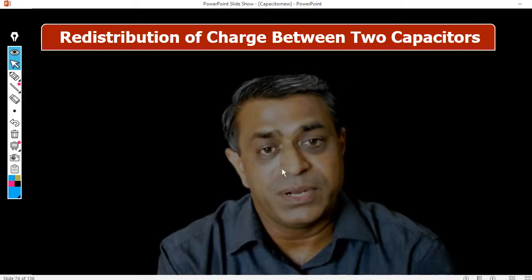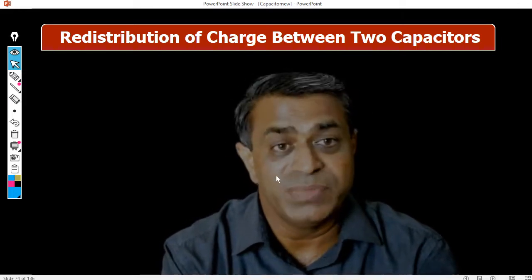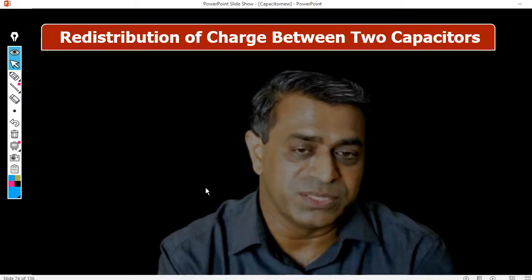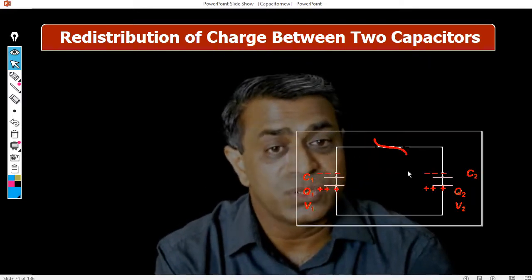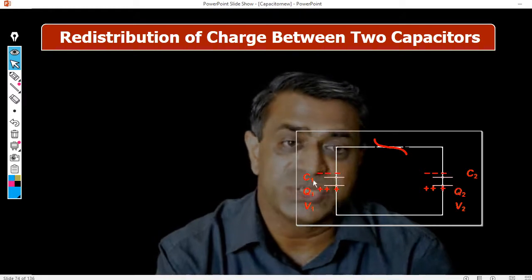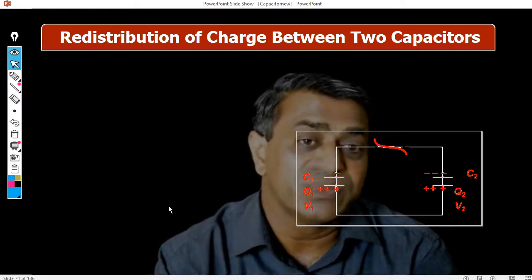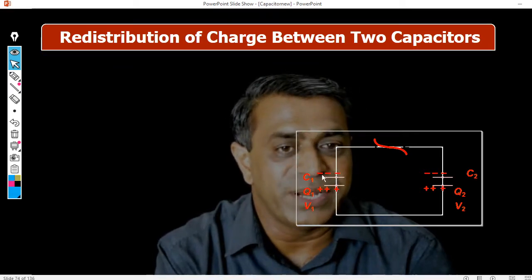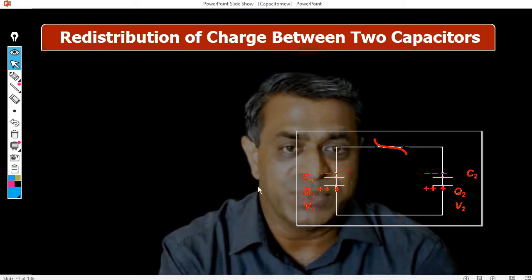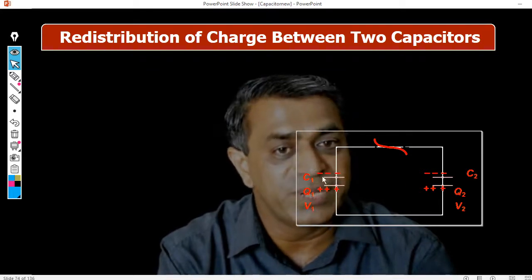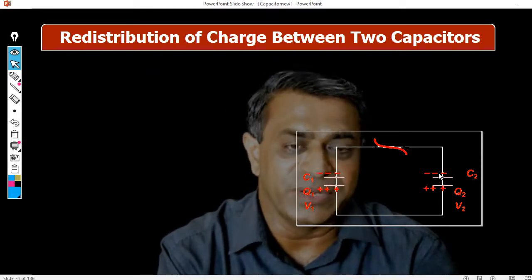Then redistribution of charge between two capacitors. Redistribution of charge means first two capacitors are charged independently. After disconnecting from the battery, they are connected in parallel. It means the positive terminal is connected with the positive terminal, and the negative terminal is connected with the negative terminal.